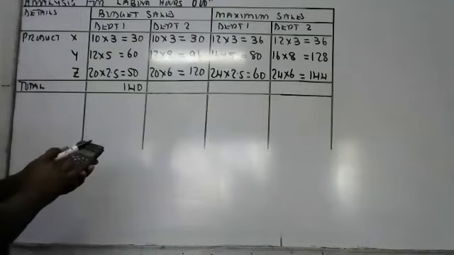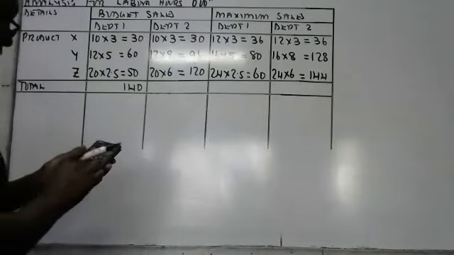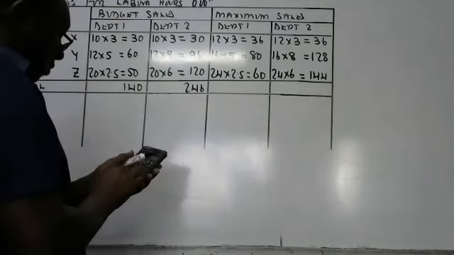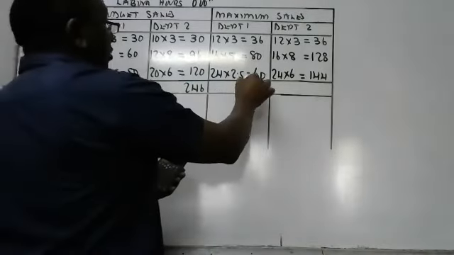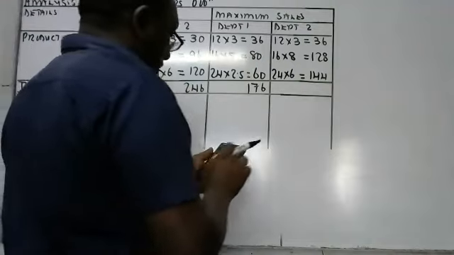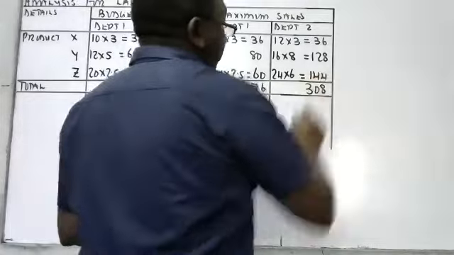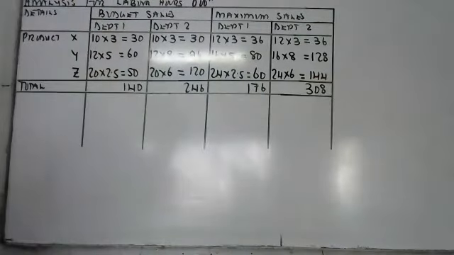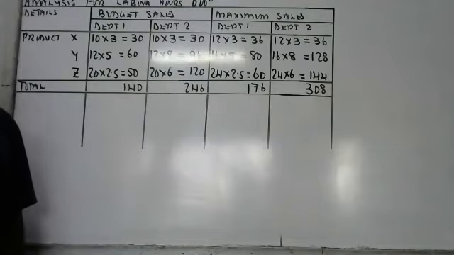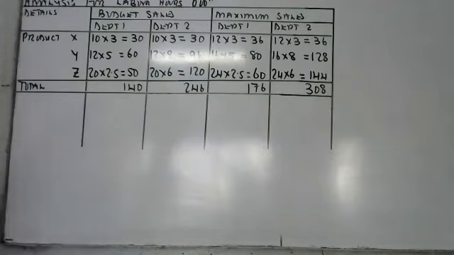Huyu mwingine ni 30 plus 96 plus 120, you get 246. 36 plus 80 plus 60 is 176. 36 plus 128 plus 144 is 308. So those are the totals.